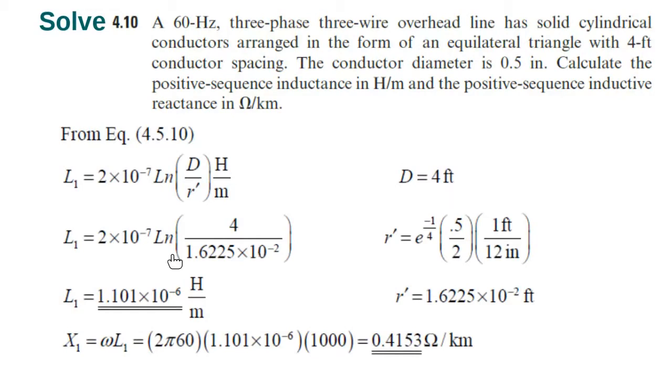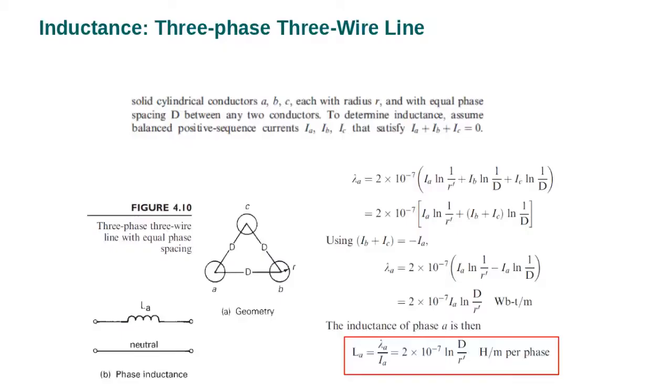So just to answer the question, here we do not need to convert into meter because it is feet over feet. The result becomes Henry per meter, always Henry per meter, because the equation here is valid for Henry per meter per phase.